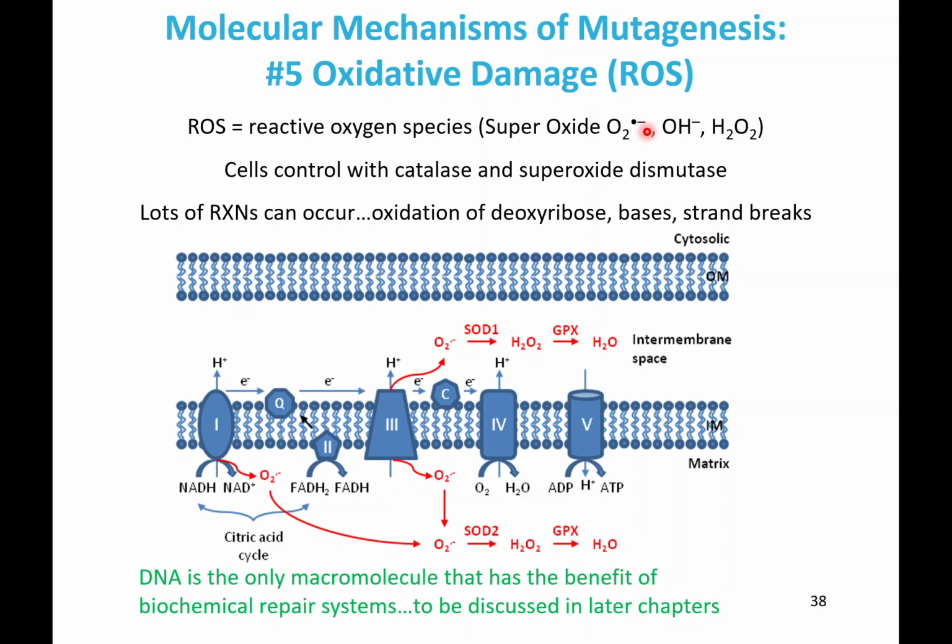Those are things like superoxide, which is an O2 molecule with an extra electron. So that's what we refer to as O2 dot minus. The minus is a negative charge from that extra electron, and since that electron is unpaired, we usually just put a dot there to signify that. Other things, the hydroxide ion, OH minus, and hydrogen peroxide as well are reactive oxygen species.